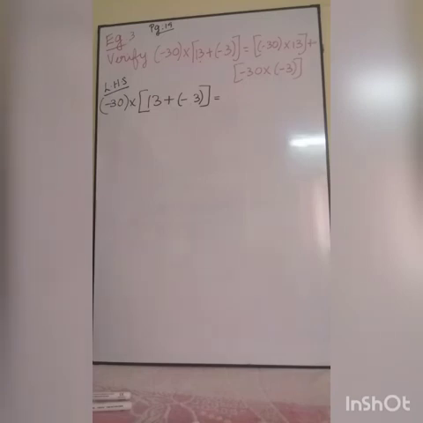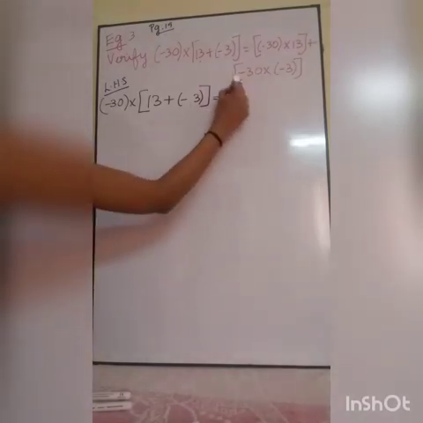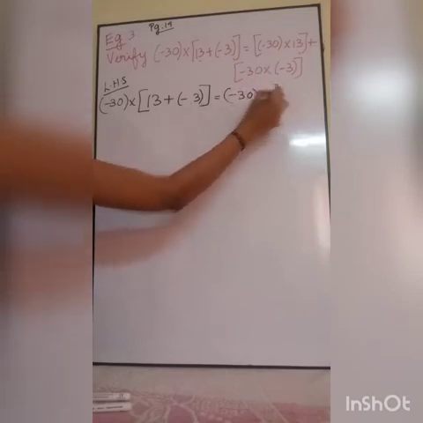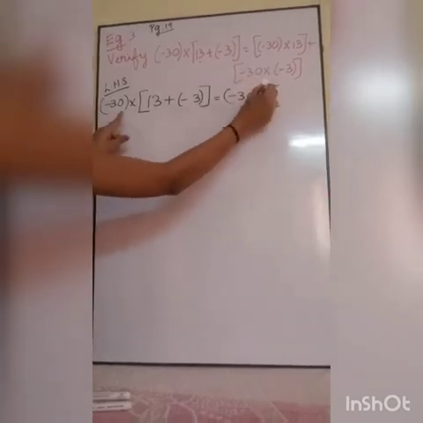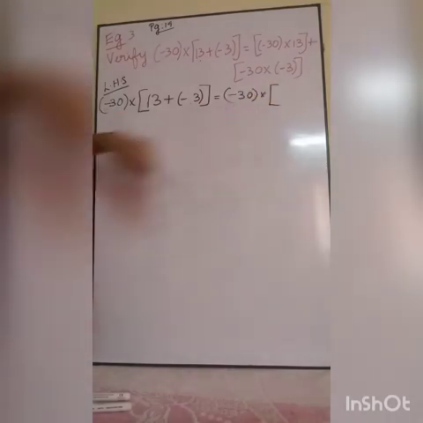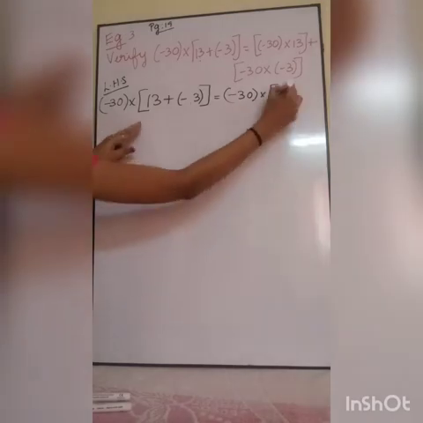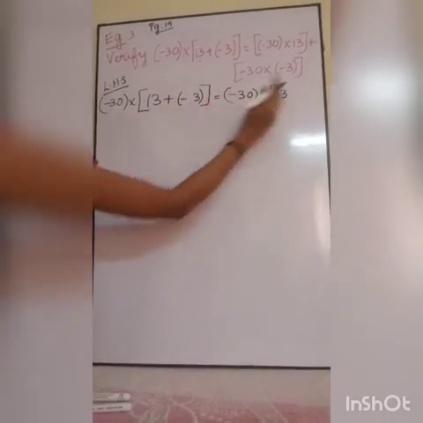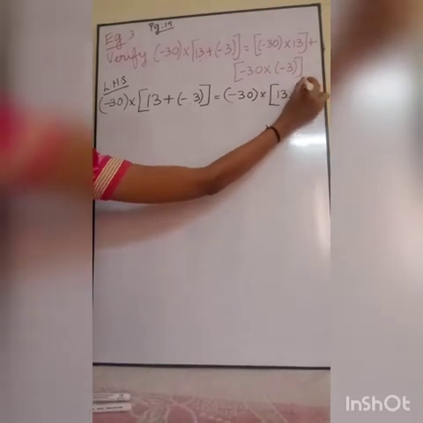I told you by the BODMAS rule, we have to do the calculations within the bracket. So first, minus 30 you write as such, and now I am going to remove all those brackets. Now 13 I will write as such, plus into minus, minus 3.